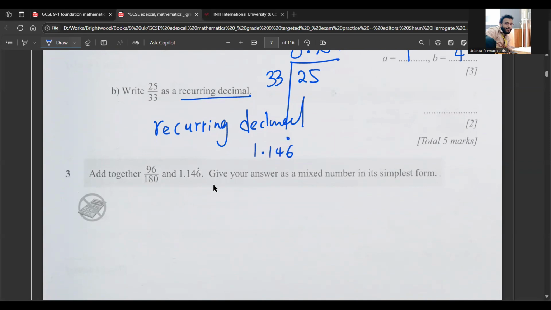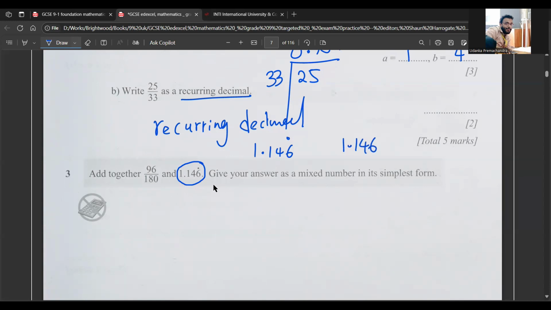When you add these two, you have to convert both of them to fractional form. How to convert this value into fractional form? What is 1.146? You have to convert this one to a fraction.